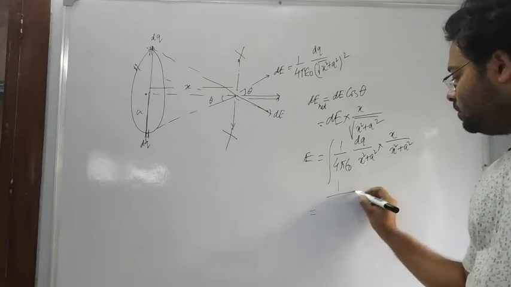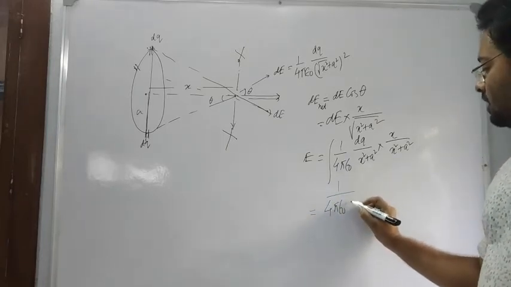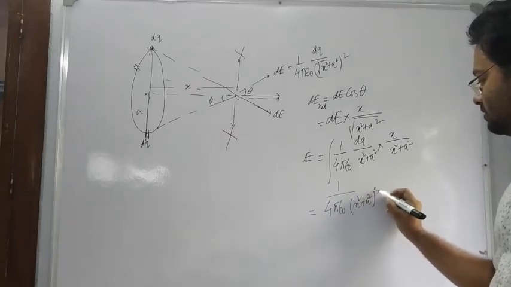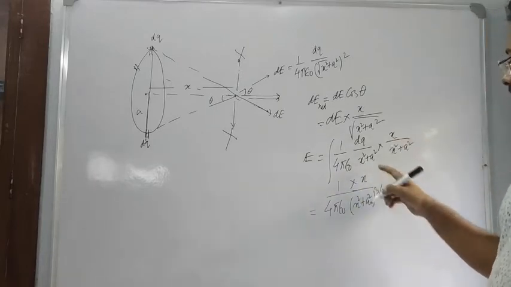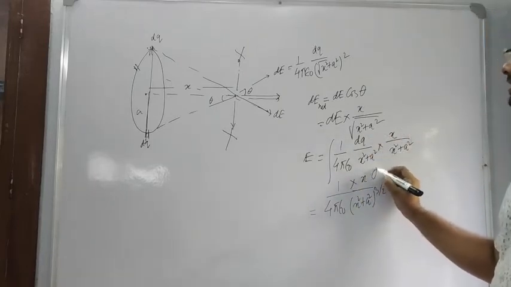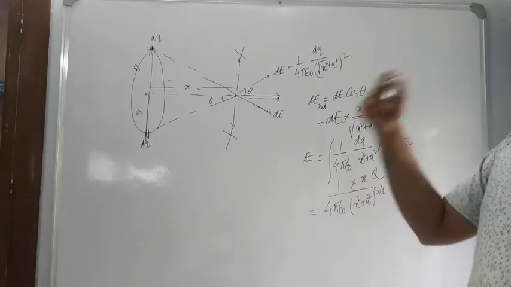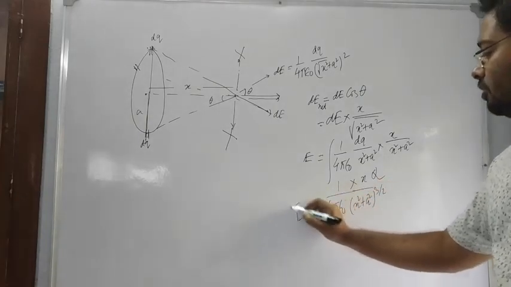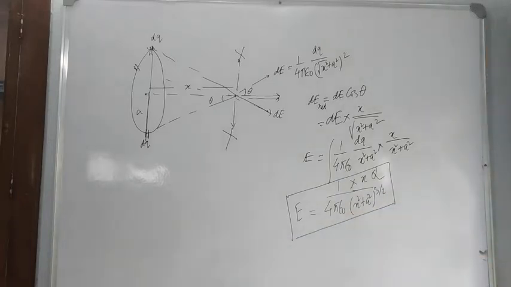So this is 1 by 4 pi epsilon naught, x square plus a square to the power 3 by 2, times x, and integration dq is the Q, the whole charge on the ring. Okay, so this is the formula for electric field at the axial point of a charged ring.